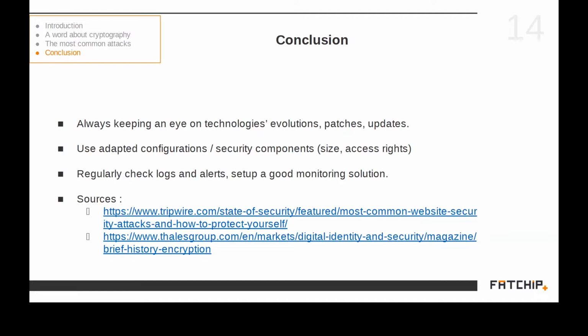And also regularly checking logs and alerts, because there we could detect an attack early and prevent it quite early. So good monitoring solutions are also a very important step to protect our systems.